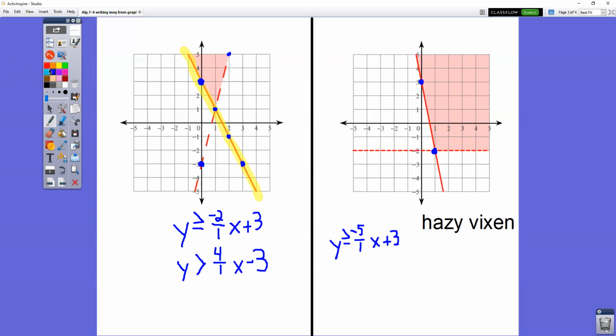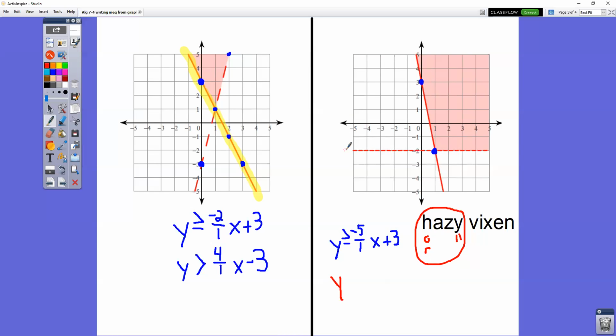Now we get into hazy vixen, all right? This is a horizontal line. Remember, the H stands for horizontal. So I know that I'm going to have a y equation. So I'm going to put my y, but remember, we're not going to have an x because it's a horizontal line.